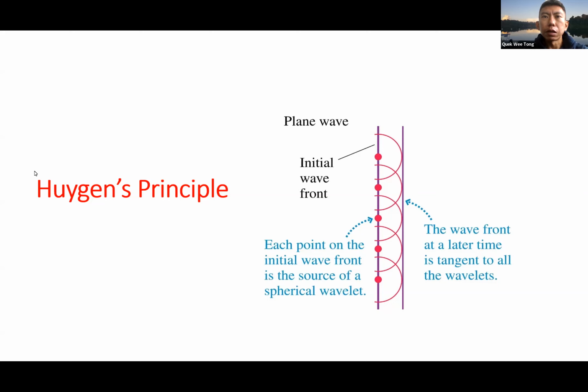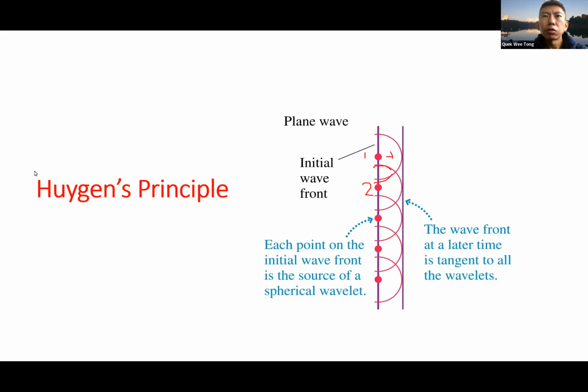Think about the first purple line on the left as one particular wavefront. Every point on the wavefront can be thought of as a source, emitting waves spherically because they are all point sources. Take this portion here and this portion here: one emits down, the other emits up, and when they meet, they cancel out. Where they will not cancel out is the forward direction.